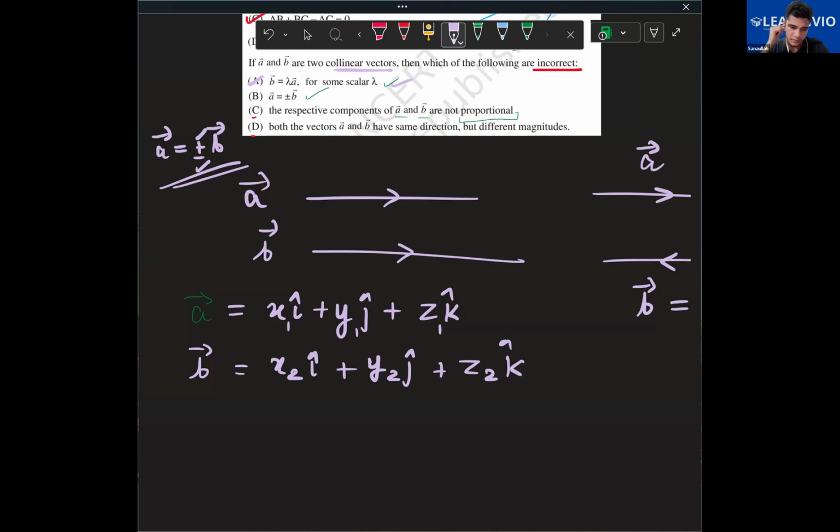See, let me see. But they are proportional. They have to be proportional. Then why is this option wrong?